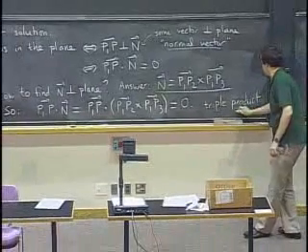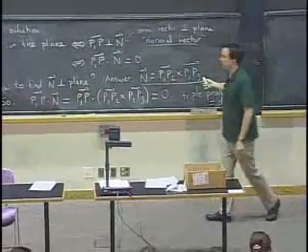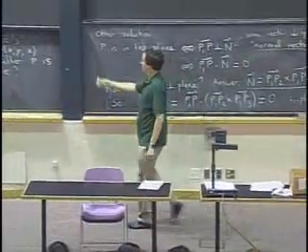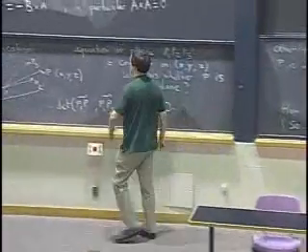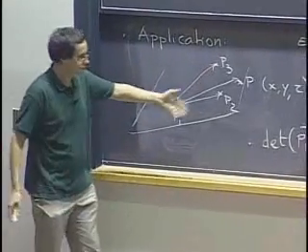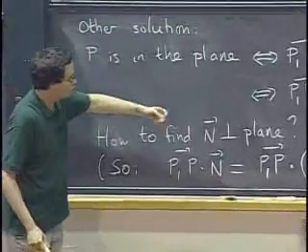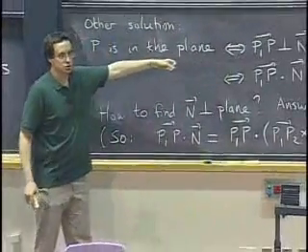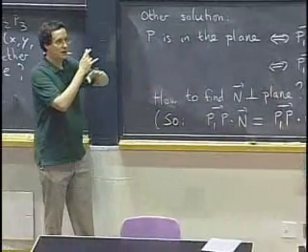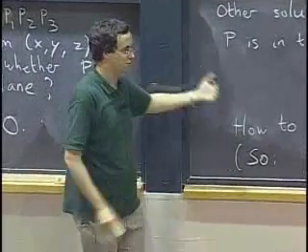And what we've seen is that the triple product is the same thing as the determinant. So in fact, these two ways of thinking, one saying that the box formed by these three vectors should be flat and have volume 0, and the other saying that we can find a normal vector and then express the condition that a vector is in the plane if it's perpendicular to the normal vector, are giving us the same formula in the end.